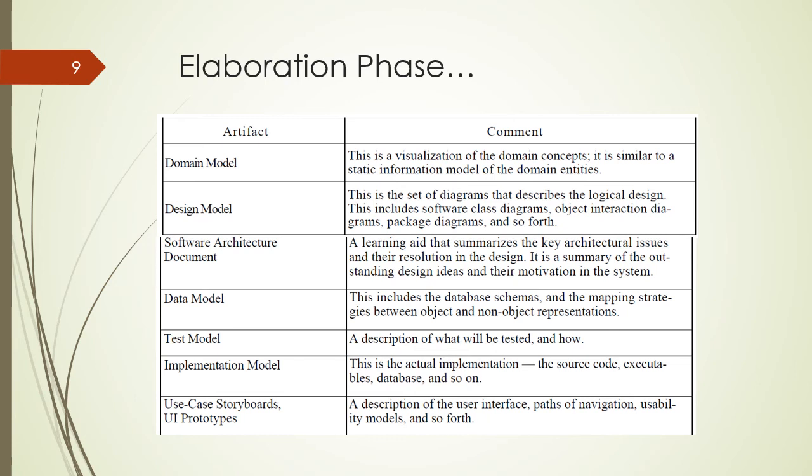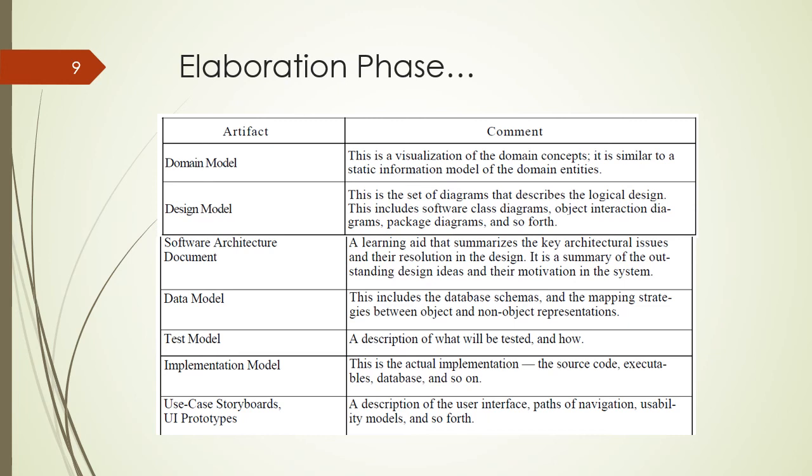Software architecture document. It is a learning aid that summarizes the key architecture issues and their resolution in the design. It is a summary of the outstanding design ideas and their motivation in the system. Data model. It includes the database schemas, mapping strategies between objects and non-object representations.